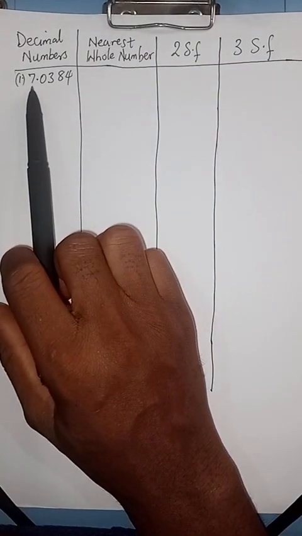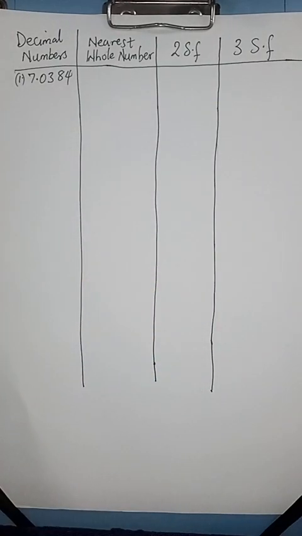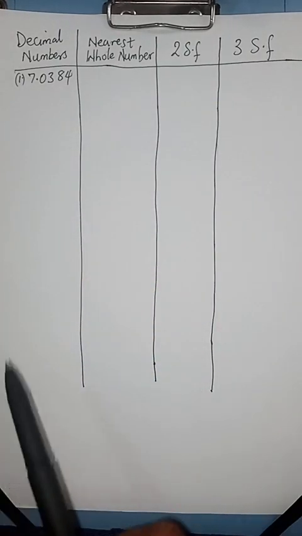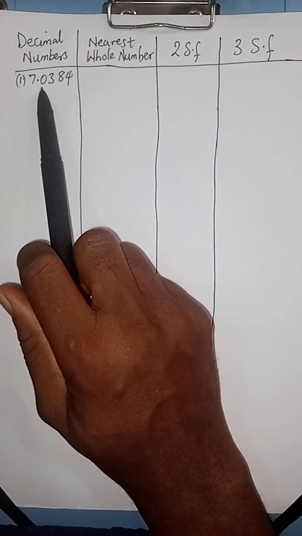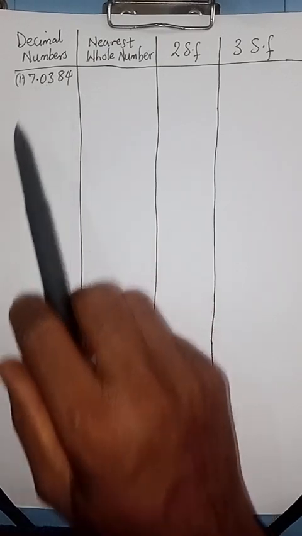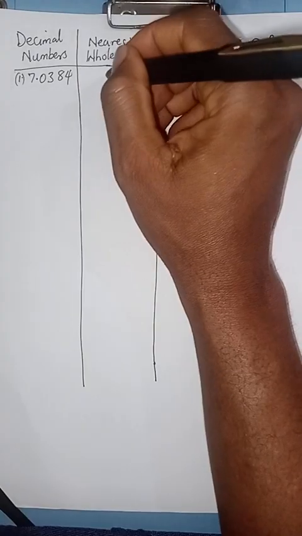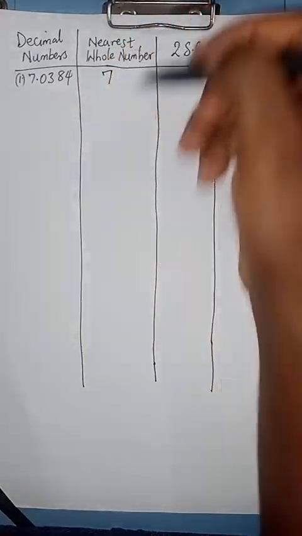But before I write 7 and throw away the decimal point and the fractions, I will have to check the digit after the whole number, and that's 0. Which means I'm going to round down. So the nearest whole number, my answer, is 7.